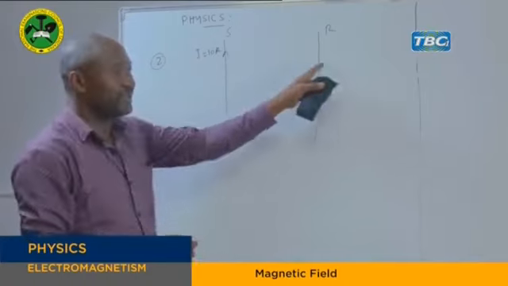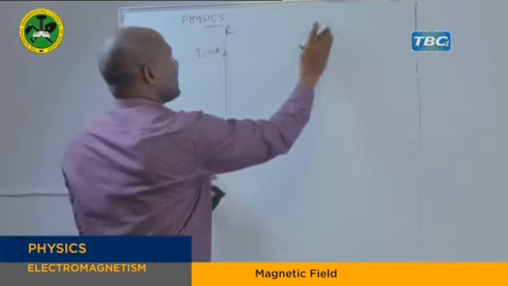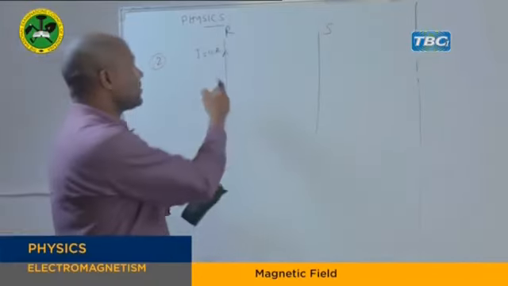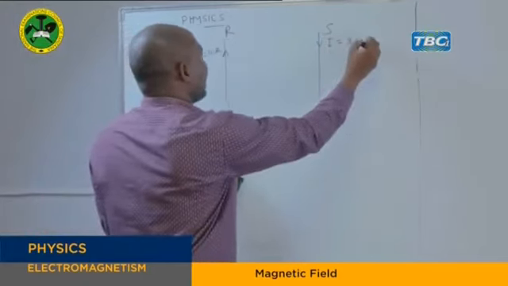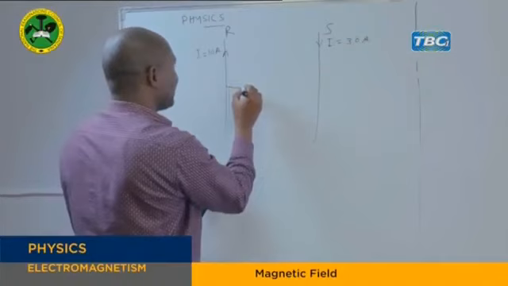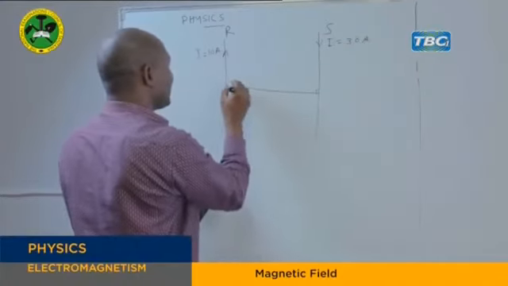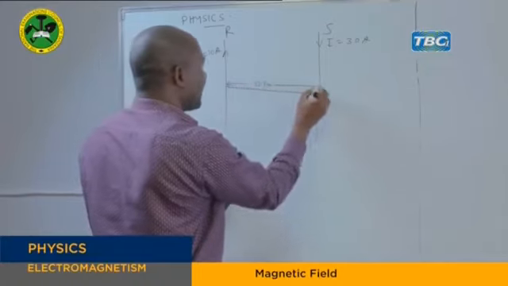And the current in S flows in the opposite direction to that. So this is upward, it will be downward, equals 30 amperes. And you are told the distance between the two axes is 0.1 meter.